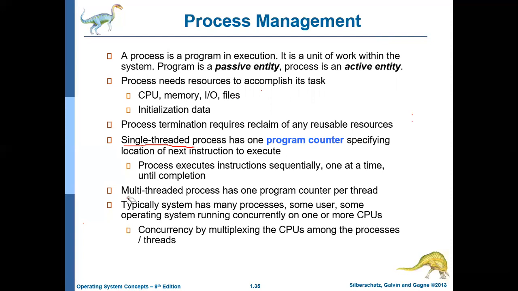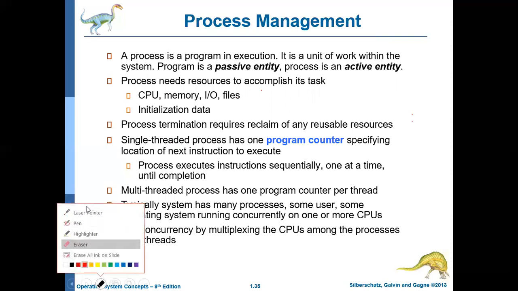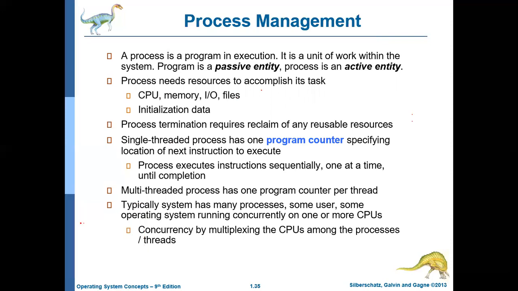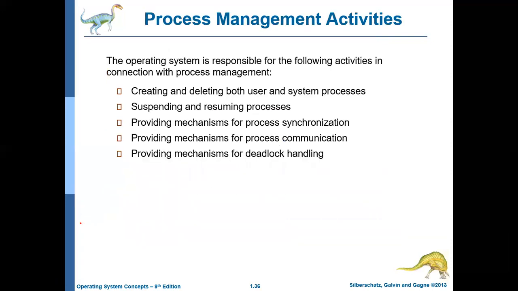There are two types of resources, physical and logical, and sometimes a process may require initialization parameters. We discussed the role of the program counter, then an introduction to multi-threading, and finally the activities the operating system performs as a part of process management. Okay, thank you.